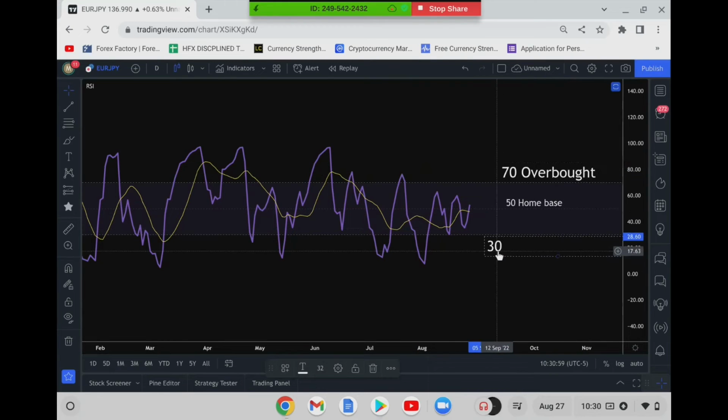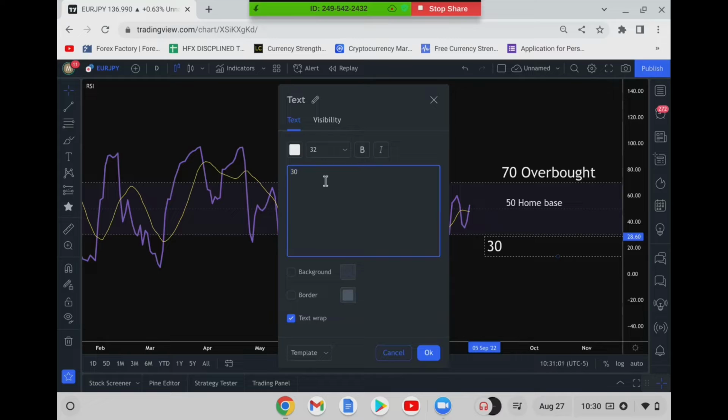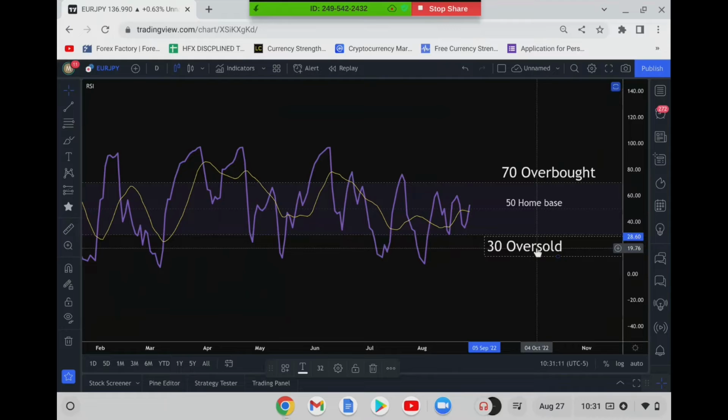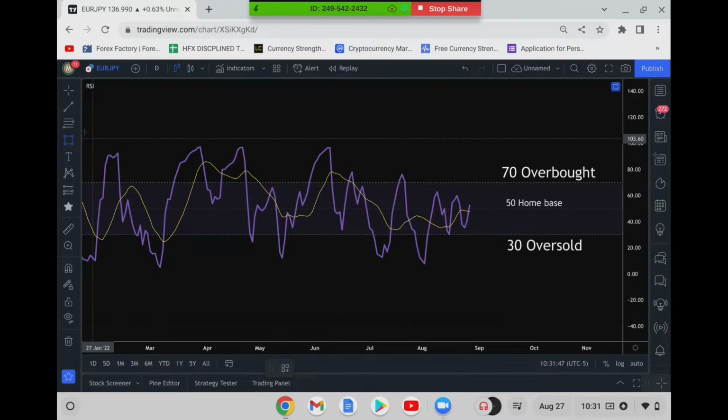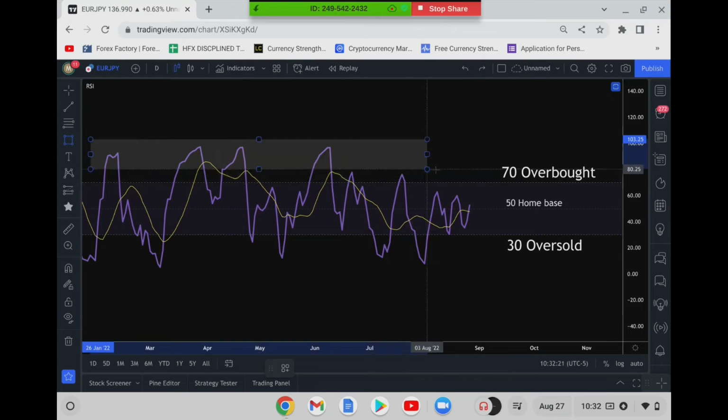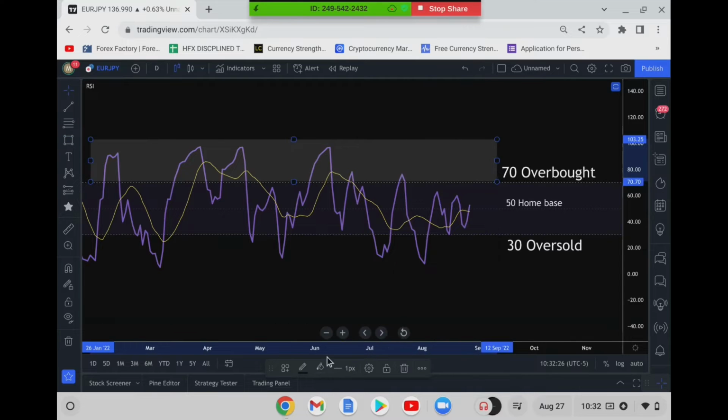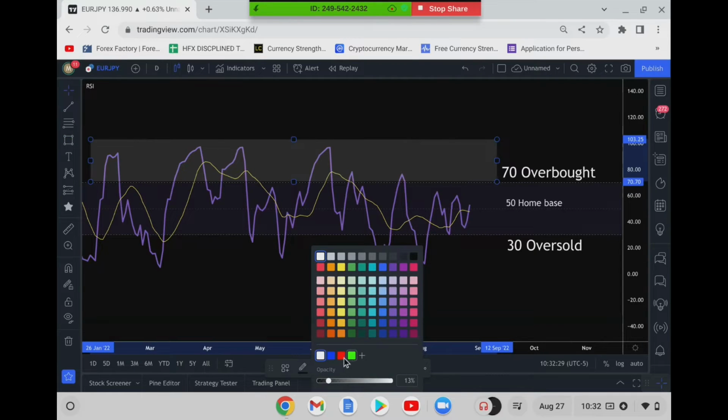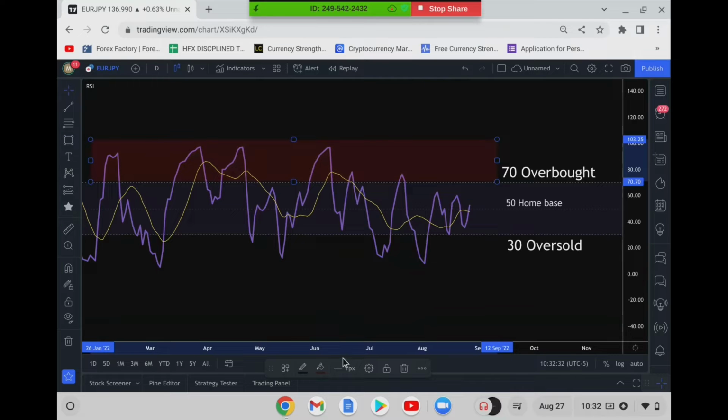We have our 50, our home base. And then we have our 30, which is actually going to be our oversold signal. So what this means is when price comes up above, and price is going to be represented by our purple RSI line, whenever price comes above our 70 line, we can assume that the market is currently overbought and ready to sell.